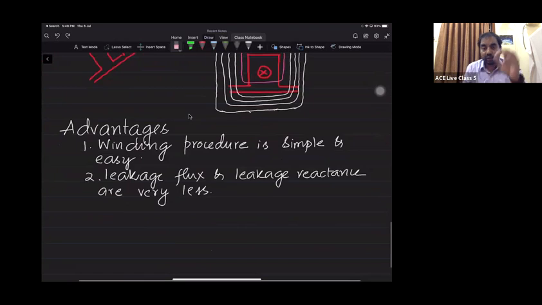Once again, as we can see the complete opening of the slots, the winding procedure is very simple and easy. We don't find any difficulty in placing the conductors of that particular winding. The second thing is that the air gap length is less compared to the slot width.